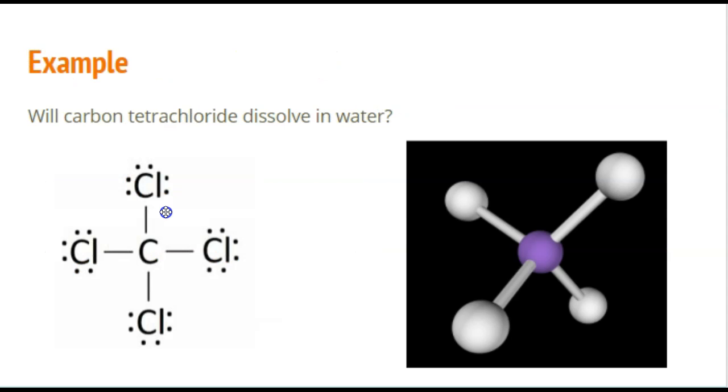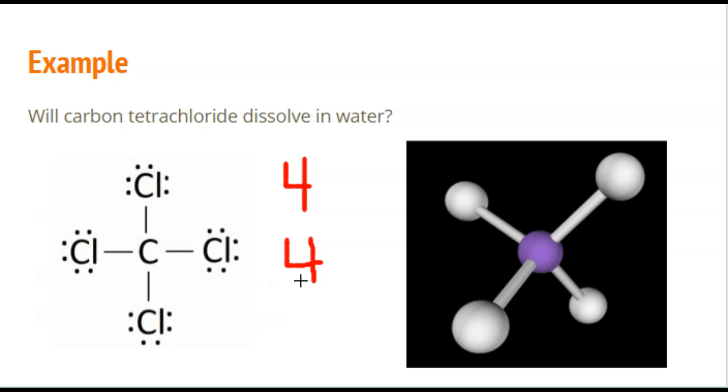So let's give some examples. We ask, will carbon tetrachloride dissolve in water? Here is the structure of carbon tetrachloride. In order to do this, we say that this has 4 electron domains and 4 bonding domains. So we go back to the list and look up 4 and 4.